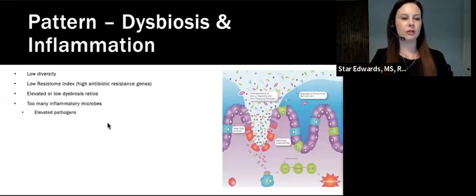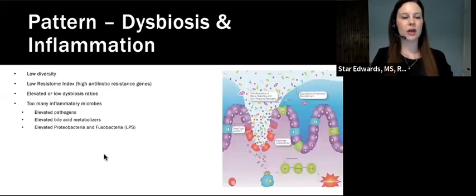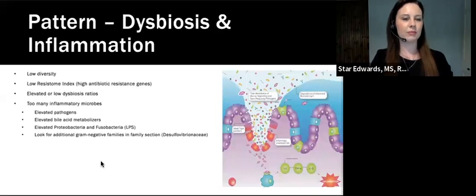It could also include bile acid metabolizers or elevated proteobacteria and fusobacteria, those bacteria that contain LPS, and we'll be talking a lot today about LPS. You can also look for additional gram-negative families in the family section, such as Desulfovibrio. That'll show up on the last page. It's a part of proteobacteria.